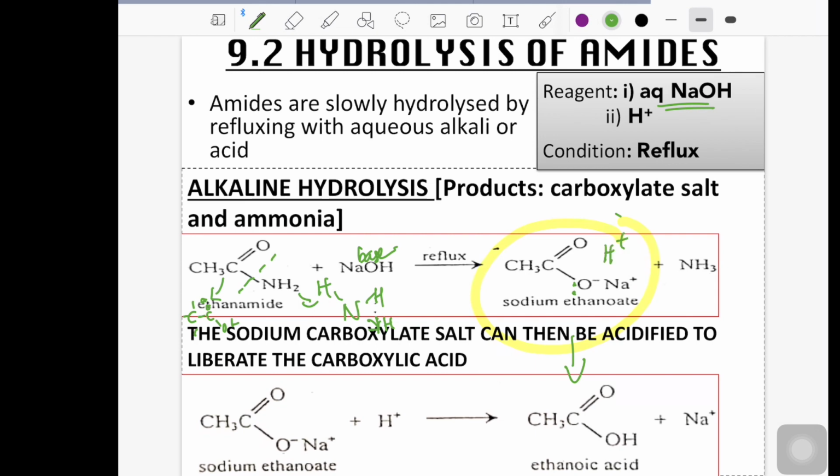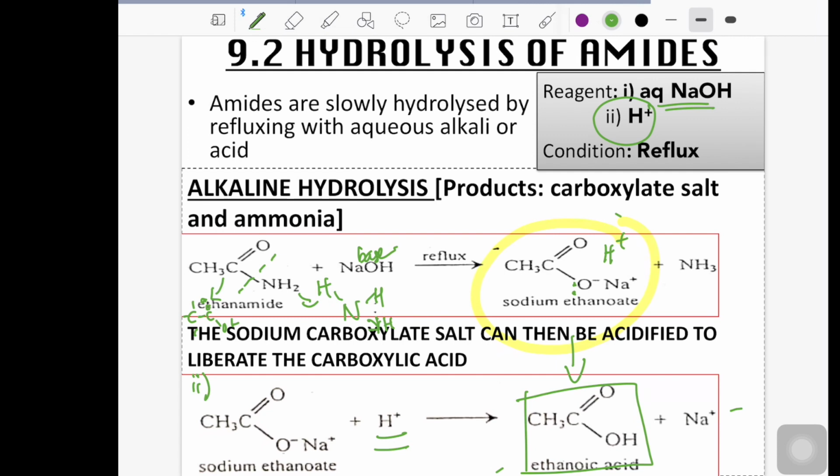That is why the second part of this reaction is adding the ionic salt onto the H plus, so you get CH3COOH and Na plus, but Na plus will just be floating in the solution. It will not affect our reaction.